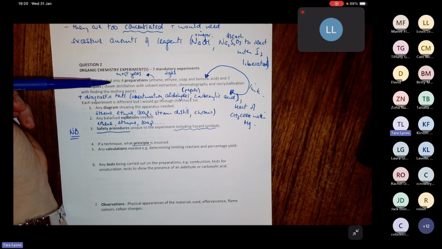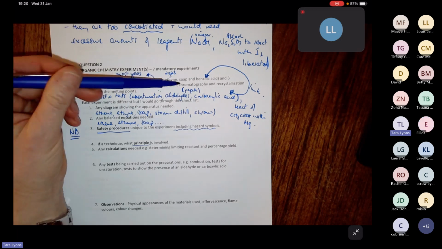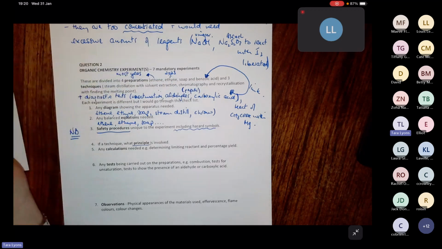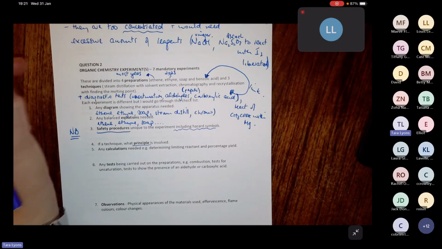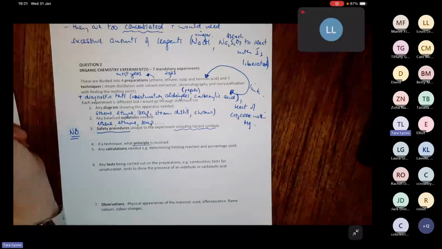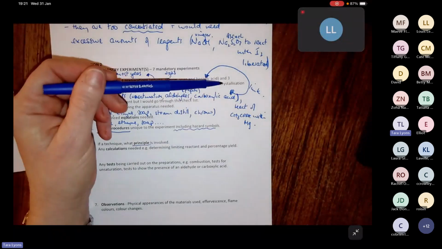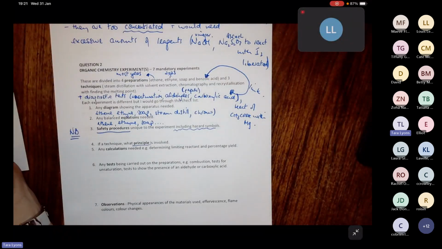If it's not, folks, anything to do with steam distillation, chromatography and recrystallization, they all, if you look up your textbooks, have a principle that you should be able to recite. It's like a definition. You know what I mean? The principle of recrystallization, more solute dissolves in a hot solvent compared to a cold solvent. The chromatography one is a good bit longer, but make sure that you're familiar with those.